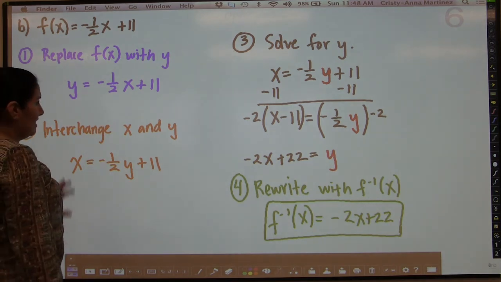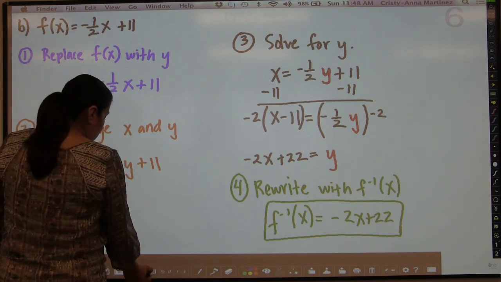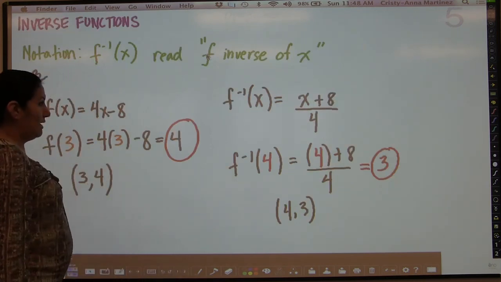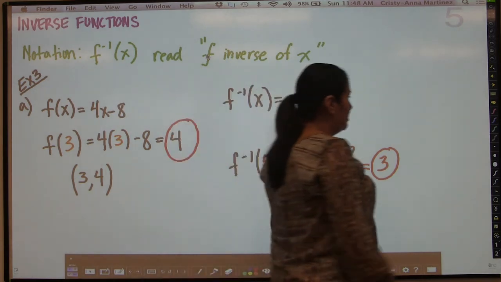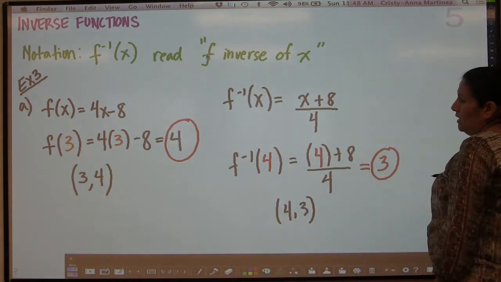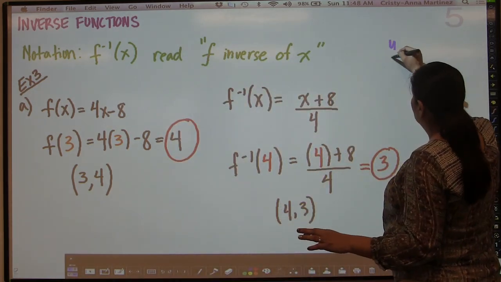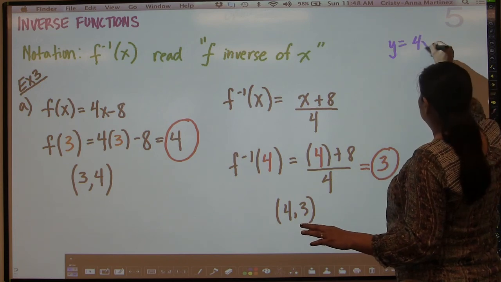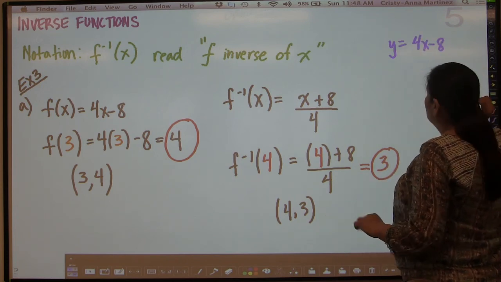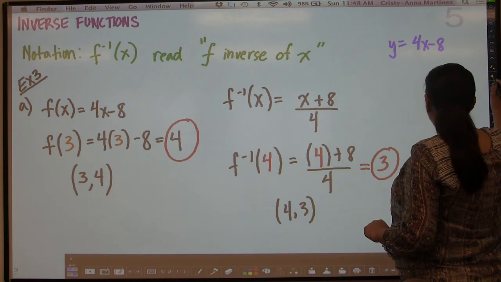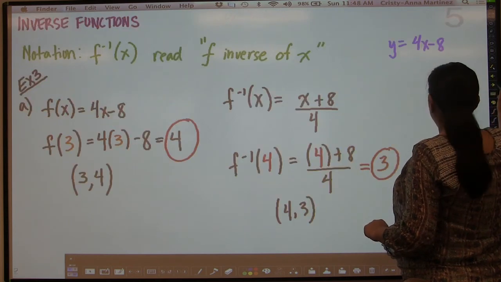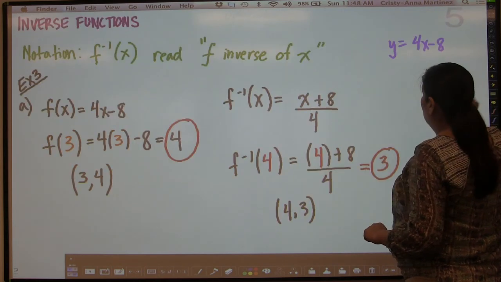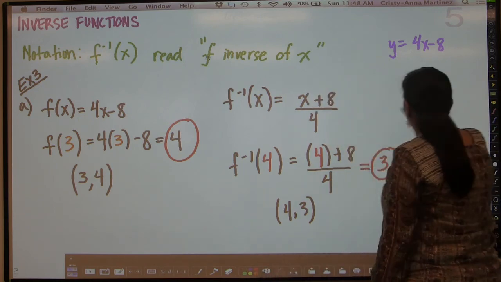And you can even attempt those 4 steps in the previous example very easily. I want to show you that it does work in both cases. Remember, step 1 was to write it as y equals 4x minus 8 instead of f of x equals. The second step was to interchange x and y.